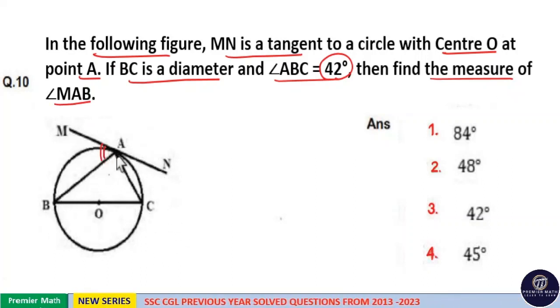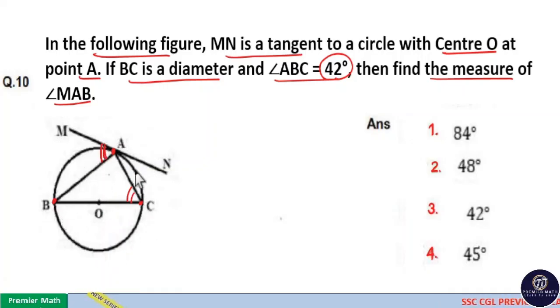The angle between a tangent and a chord of a circle is the same as the angle created by the same chord in the alternate segment of the circle. This is the alternate segment, and on this segment an angle is created by chord AB.